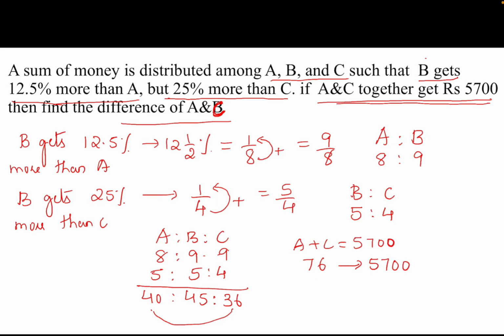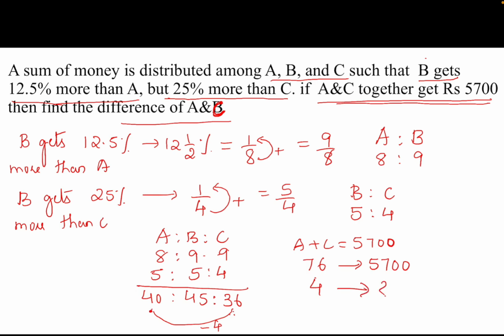Then what is the difference between A and C in ratio? 40 minus 36 is 4 parts.